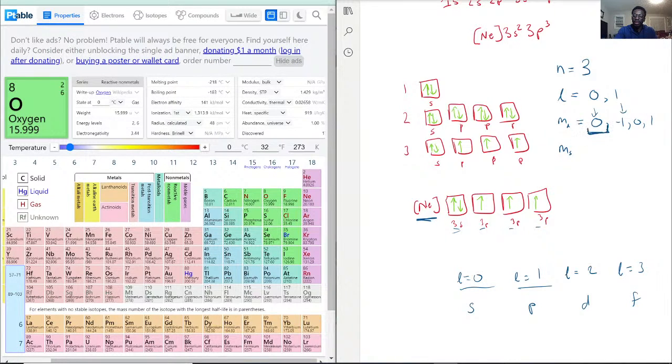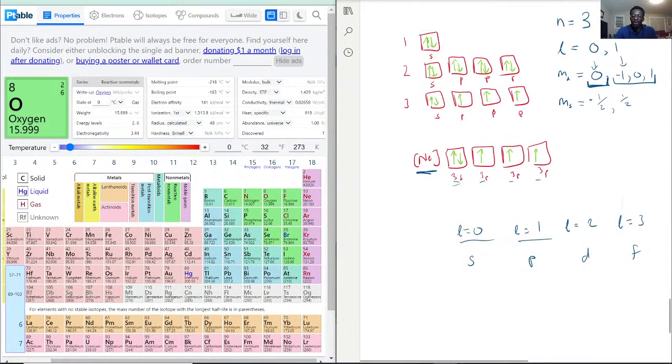These are going to be the different mls, and you'll notice that it actually matches perfectly with your s and the p rows. We have the s for the 0, and the p is -1, 0, and 1, okay? And the ms just tells you what type of spin it has, which is going to be -½ or ½, okay? That's the only two choices it can be, all right?